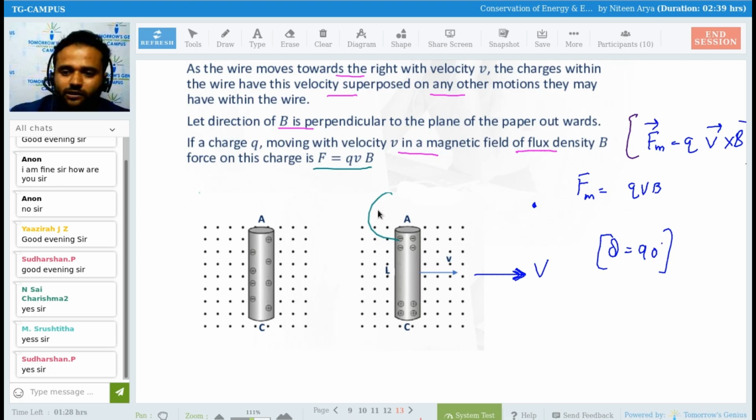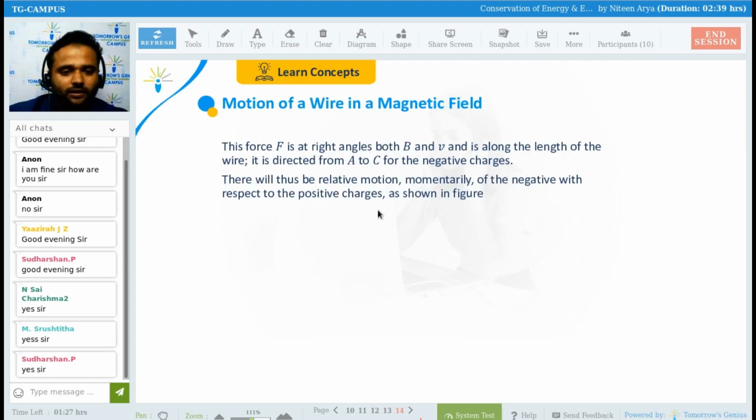Obviously we don't, but due to the angle, the magnetic field and the movement of this wire are perpendicular to each other, so we can write it directly. Now the force F is at right angle to both B and V. Fair enough. We know this again. Fm, which is a vector, its direction, if I write it, is QVB sine theta n.